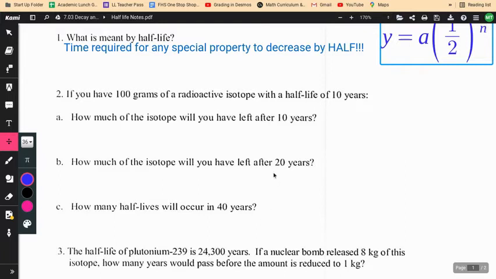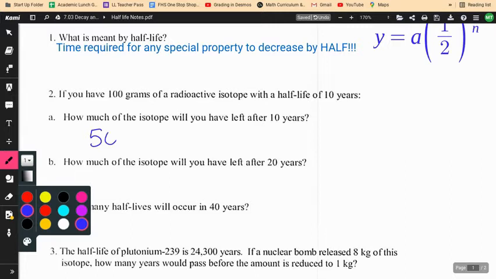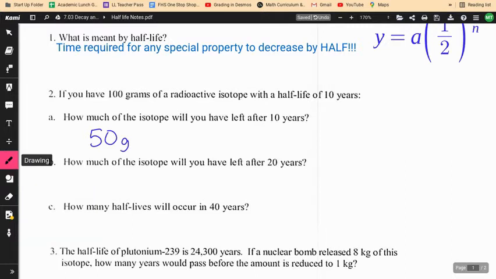After a 10-year period, this original 100 grams is now 50 grams. Then, how much will you have after 20 years? Again, we take the 50 grams, cut that in half, and we have 25 grams.